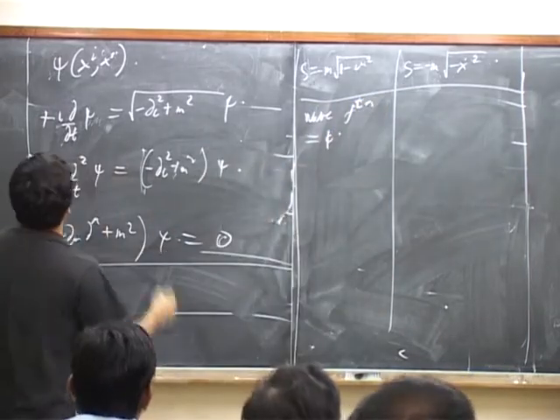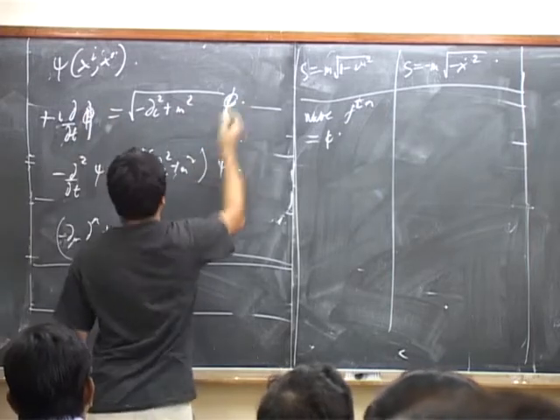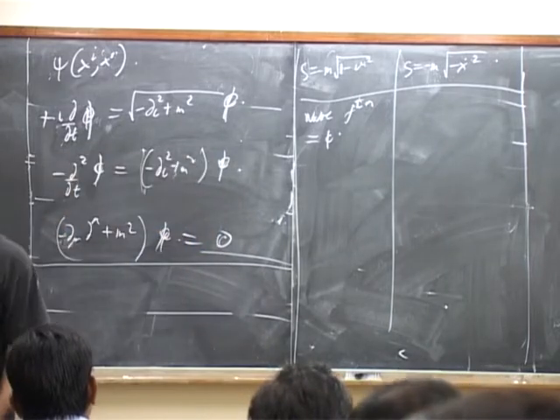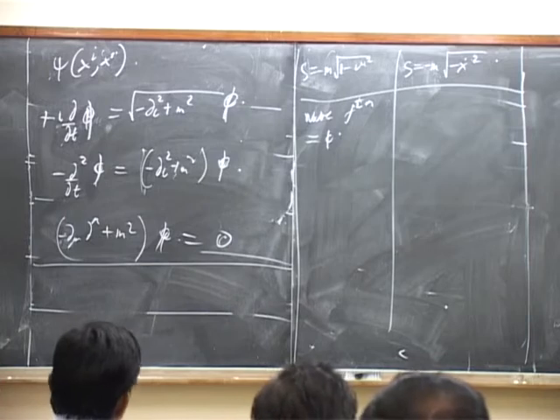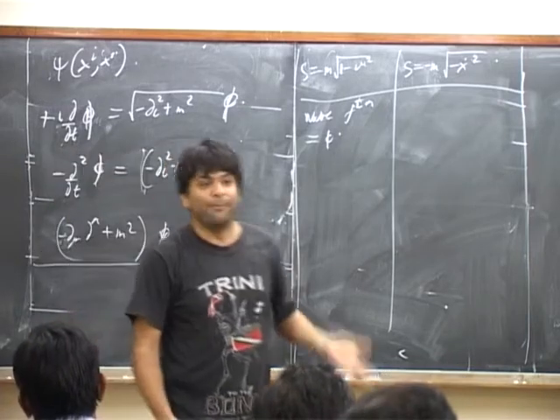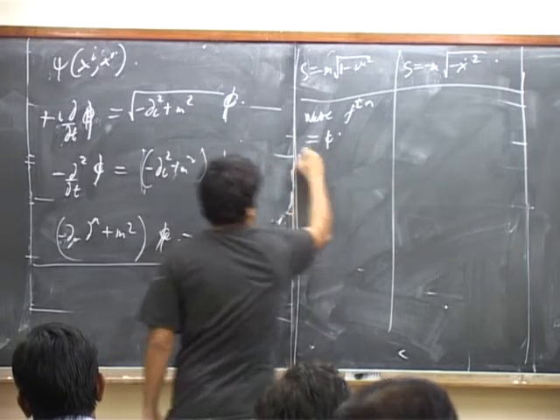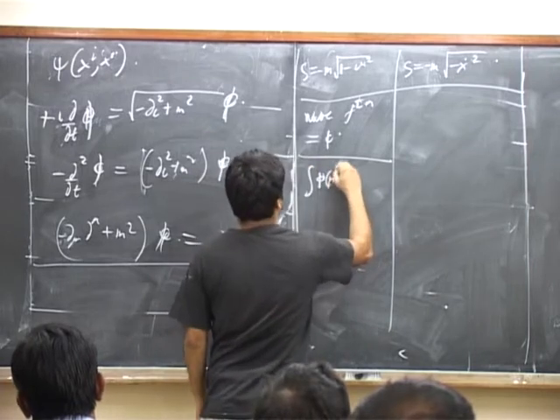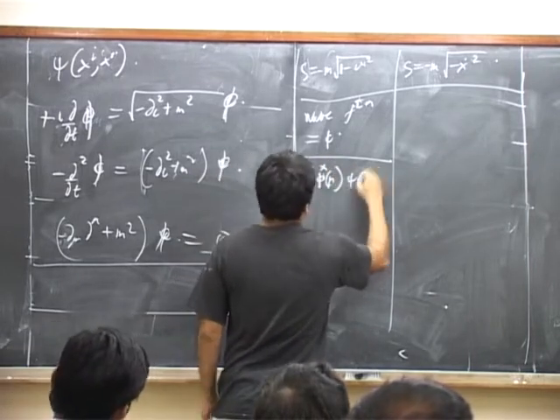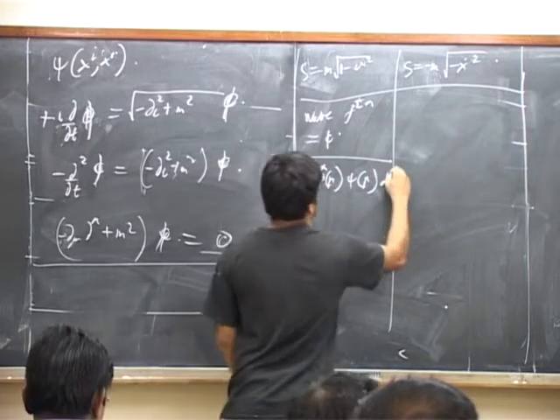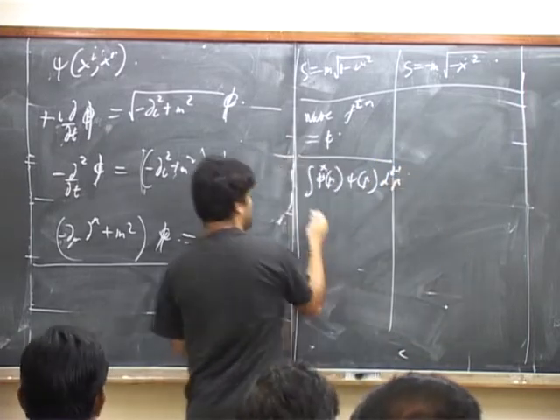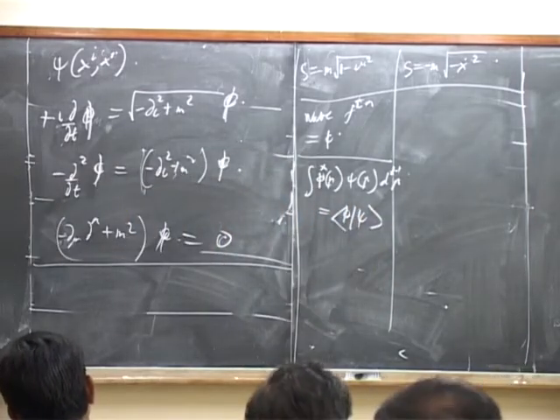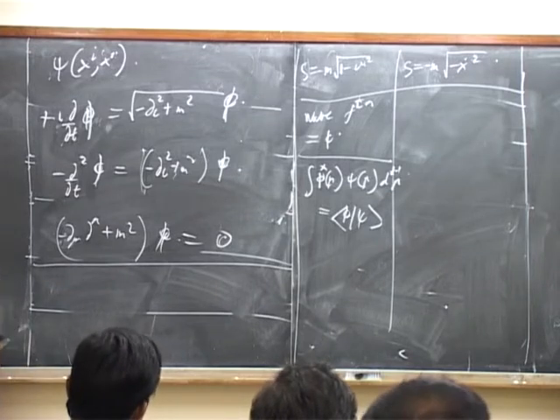I'm sorry, I called it psi here, but I'll change it. What is the natural norm for scalar products in this system? Well, we've all studied quantum mechanics. There's no ambiguity. If we work in momentum space, then the norm is just, after some 2 pi's which we won't obsess about, the integral of phi star of p times psi of p, d^(d-1)p. This is equal to phi psi. It's just the usual measure of quantum mechanics.